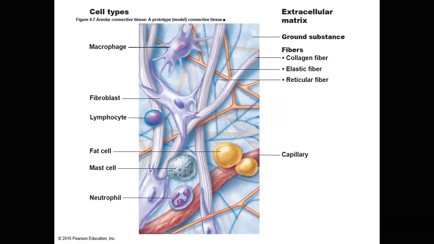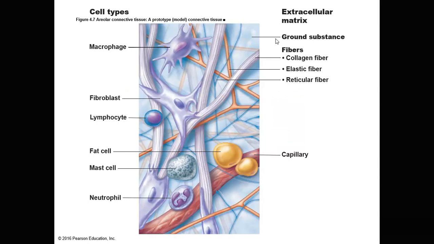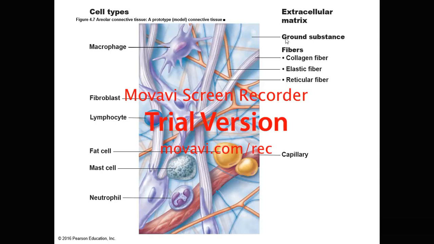So with the connective tissue, remember you have your extracellular matrix. Extracellular means outside the cell. And remember that the extracellular matrix is composed of two things: the ground substance, which is the gel-like material found in between the cells, and then you have fibers: collagen fibers, elastic fibers, and reticular fibers.